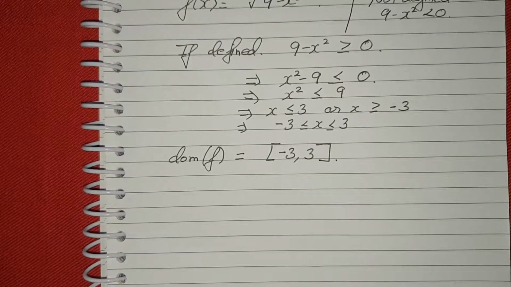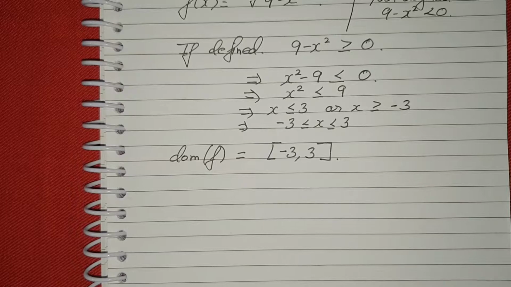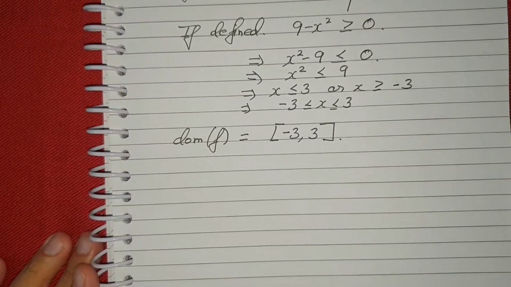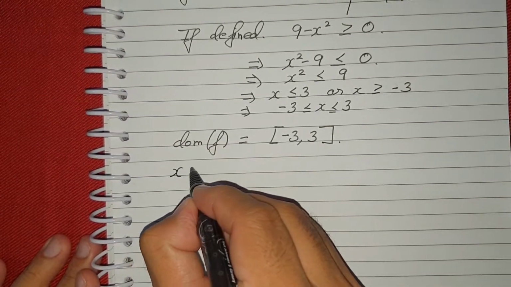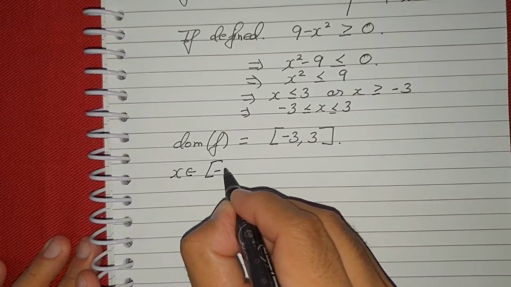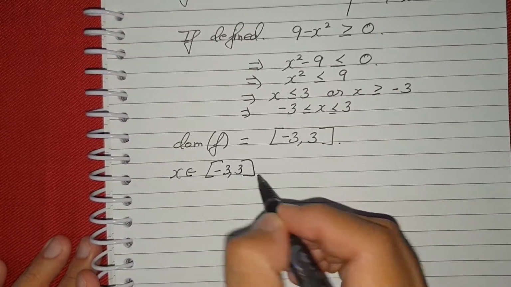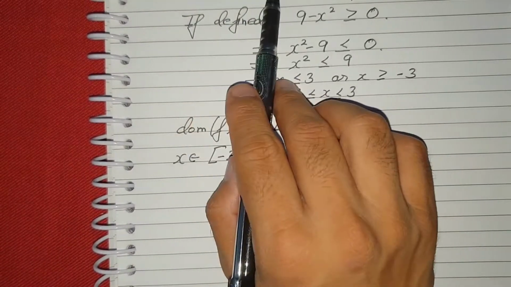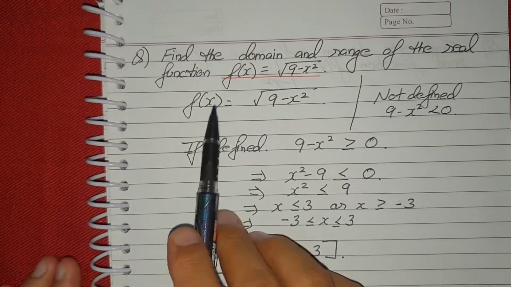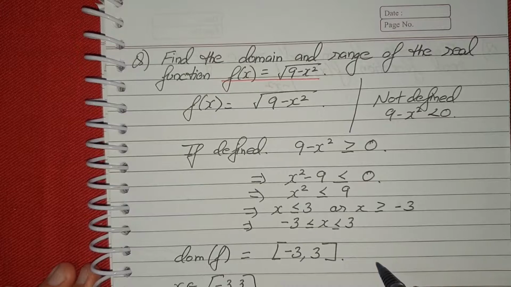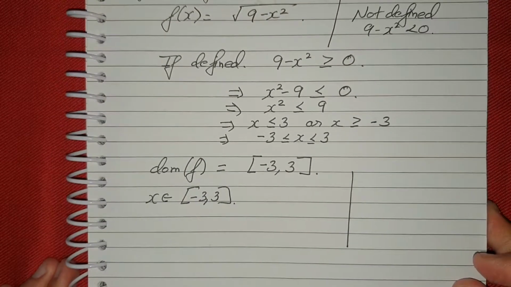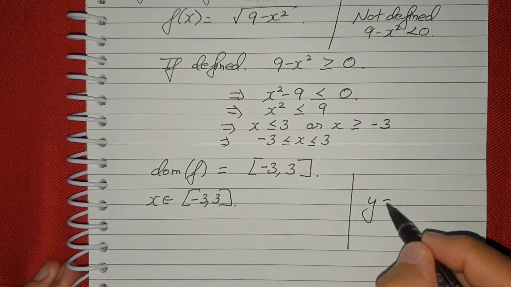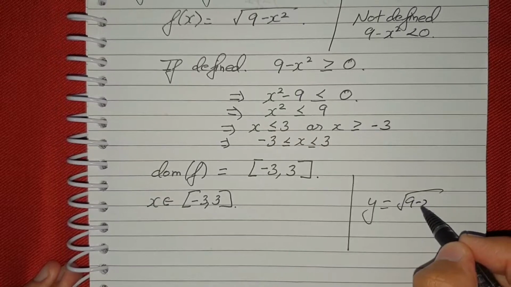Now for the range. Suppose for each x belongs to [minus 3, 3], we are getting what is y. Take this value, f(x), and we write y equals under root of 9 minus x square.